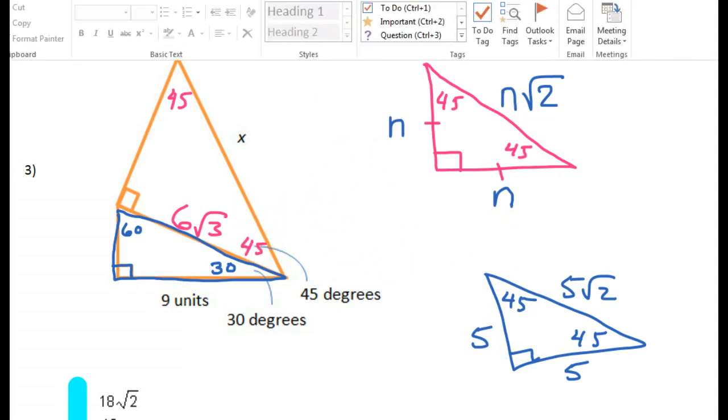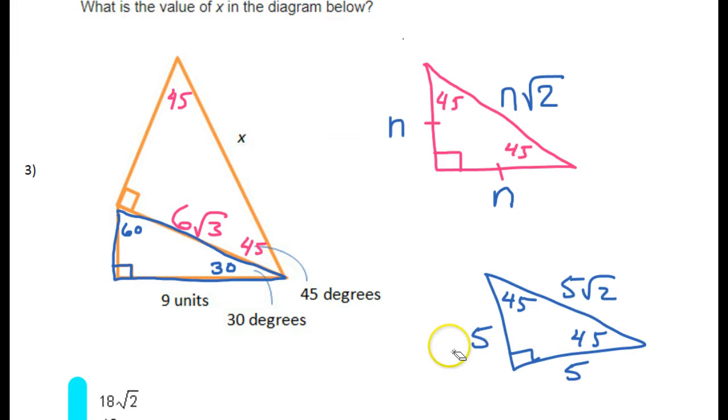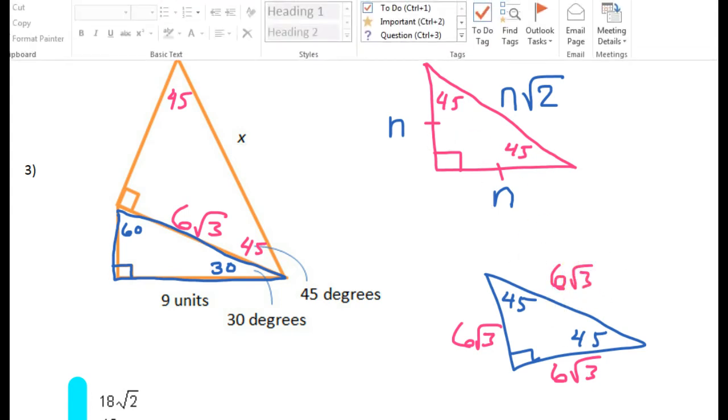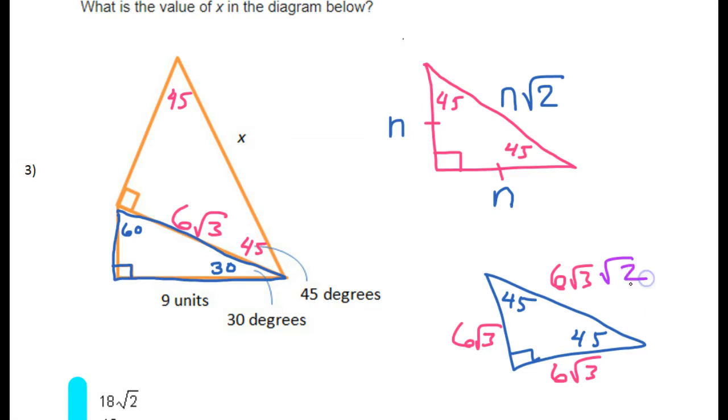But look what happened. Instead of giving us a nice easy number like 5, we just discovered that this side down here is 6 radical 3. We know that this other side is also 6 radical 3, because these two are always the same. Now, the other side has got to be 6 radical 3 radical 2.